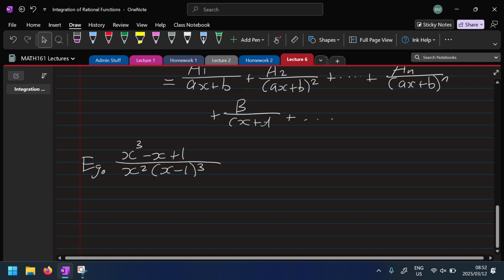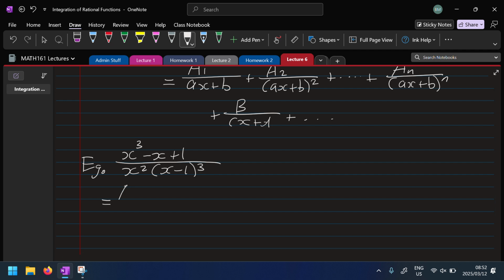So let's do that. So this is going to be equal to, we're going to have a1 over x and a2 over x squared. So a1 over x, but it's repeated twice. So now we need a2 over x squared. And we're done because it's only repeated twice. Plus, now we have (x minus 1) cubed.